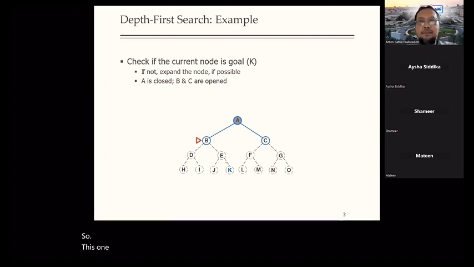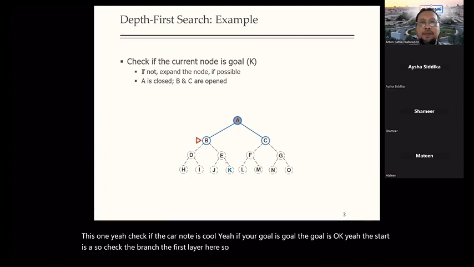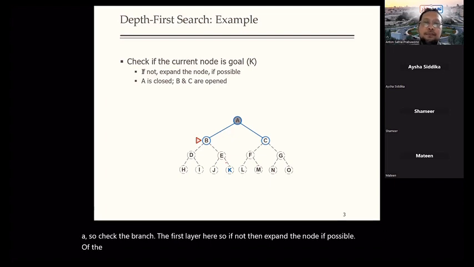Check if the current node is the goal. The goal is K, the start is A. So check the first layer here. If not, then expand the node if possible, and then A is closed, and we start with the new nodes, B and C.